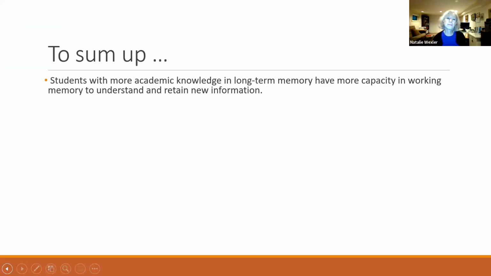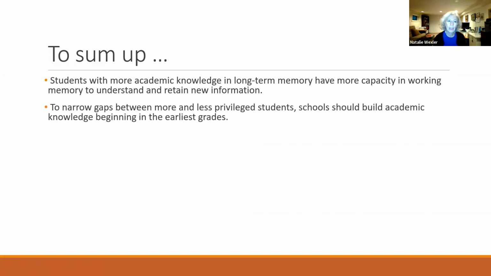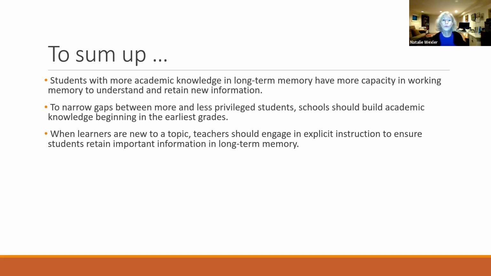So to sum up, students with more academic knowledge in long-term memory have more capacity in working memory to understand and retain new information. To narrow gaps between more and less privileged students, schools should build academic knowledge beginning in the earliest grades. When learners are new to a topic, teachers should engage in explicit instruction to ensure students retain important information in long-term memory.